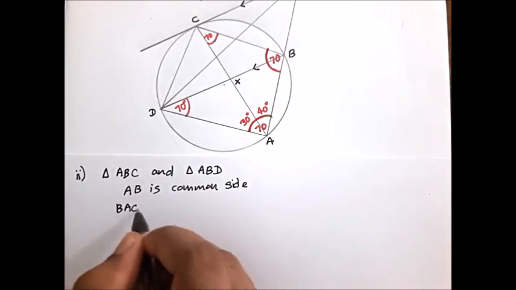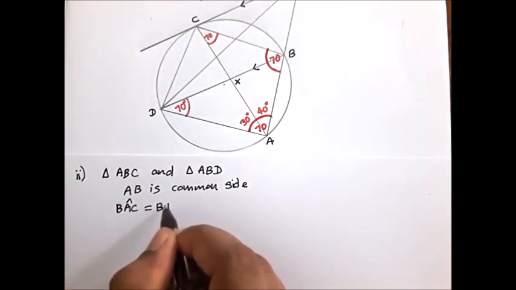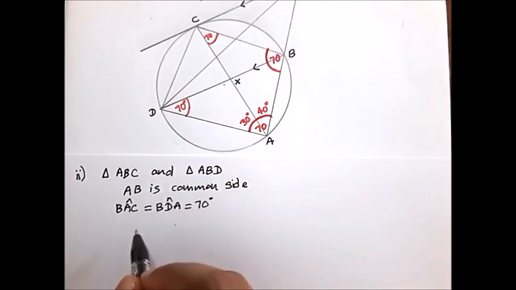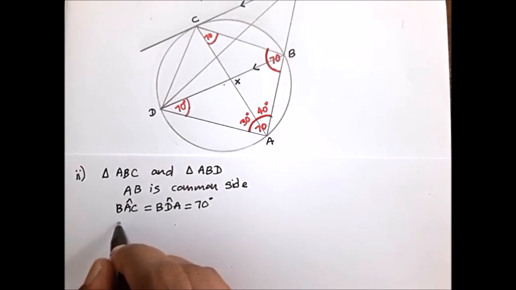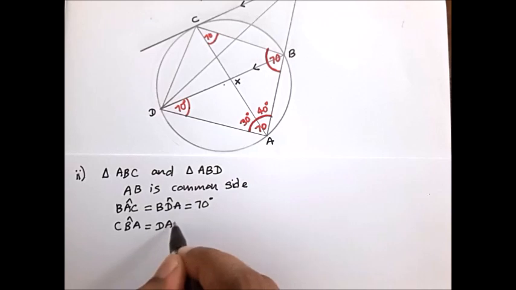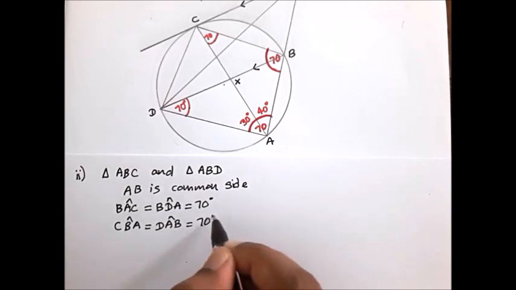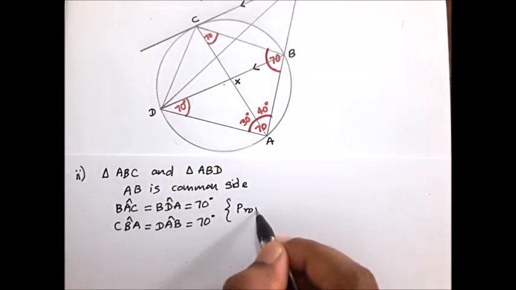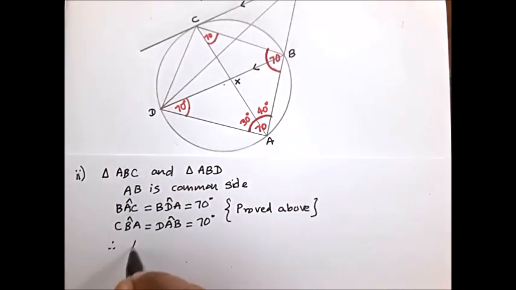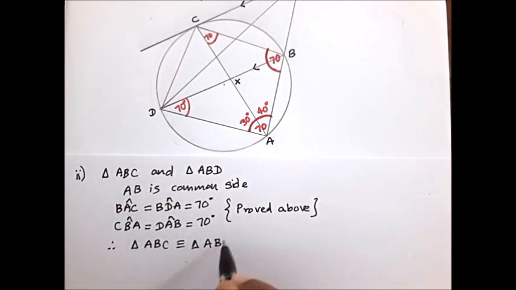Then BAC equal to BDA equals 70 degrees. Then CBA equal to DAB, 70 degrees, proved above. Therefore triangle ABC is congruent to triangle ABD. Congruence case is angle side.